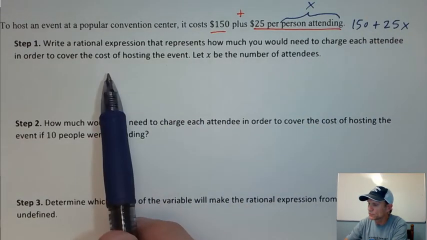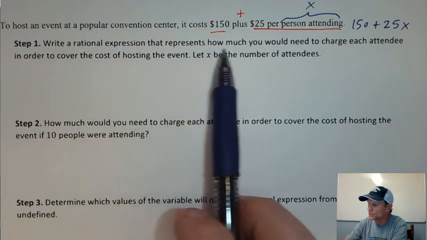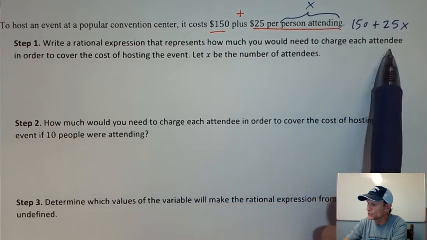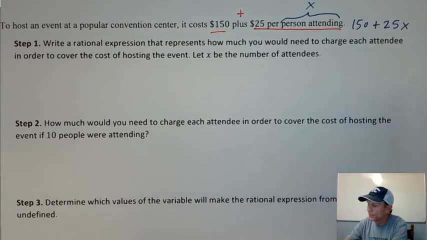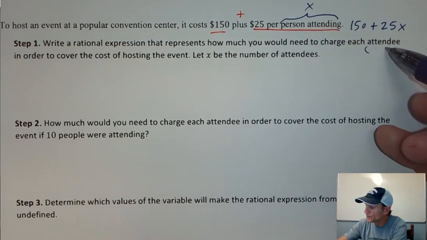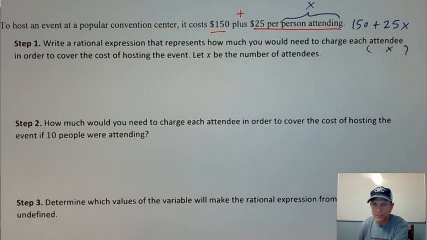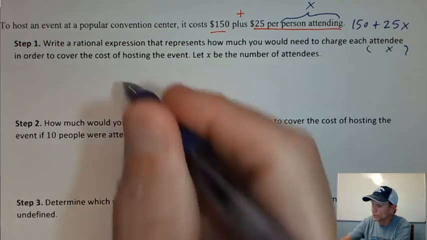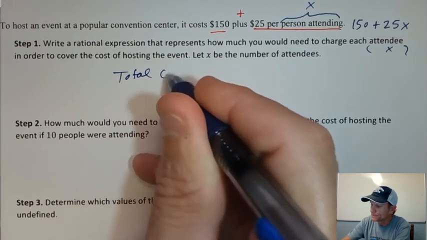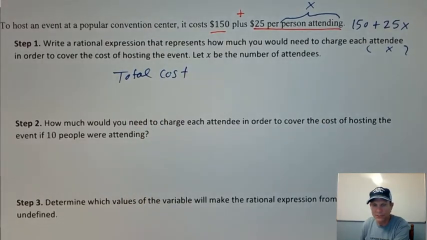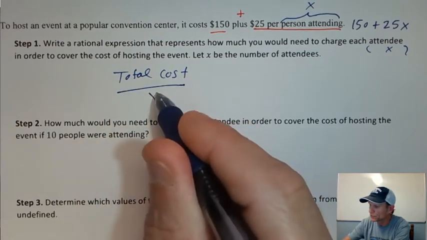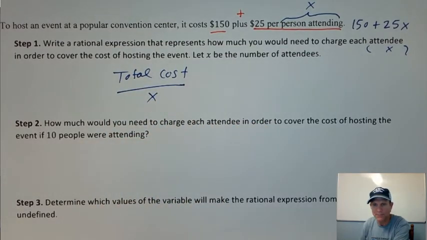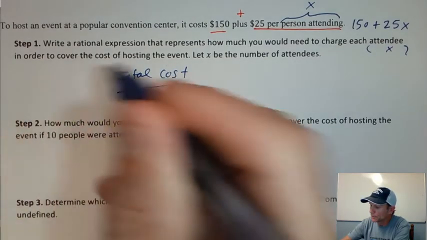So this first step says write a rational expression that represents how much you would need to charge each attendee. Remember, the attendees, that's x, the people attending. If you have a total cost and you want to figure out how much to charge each person, you just divide the total cost by the number of people.